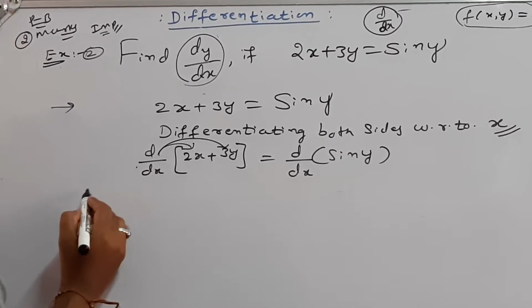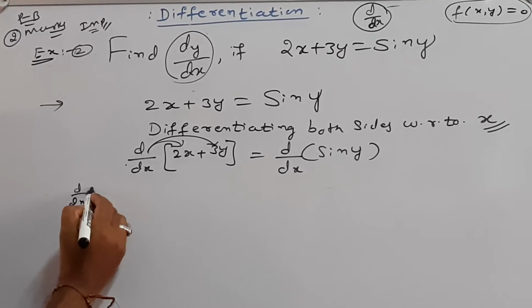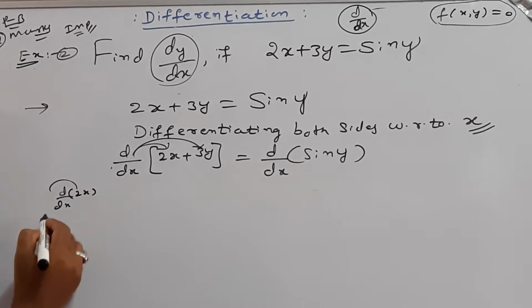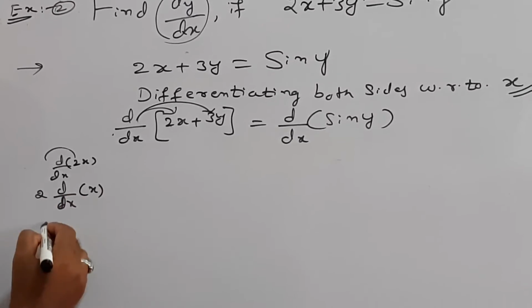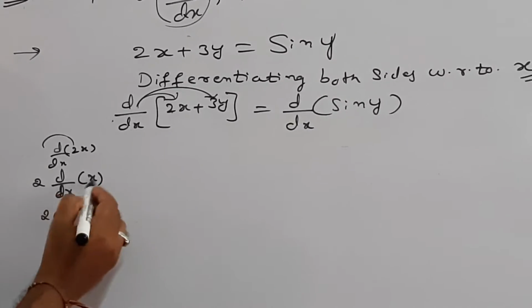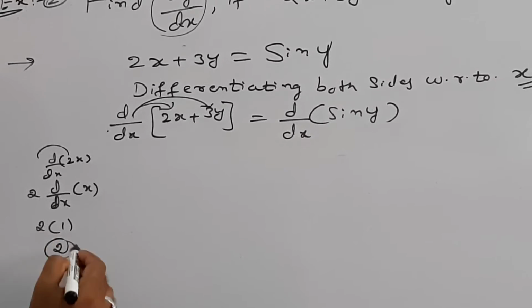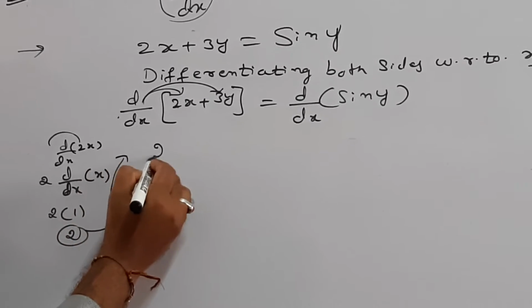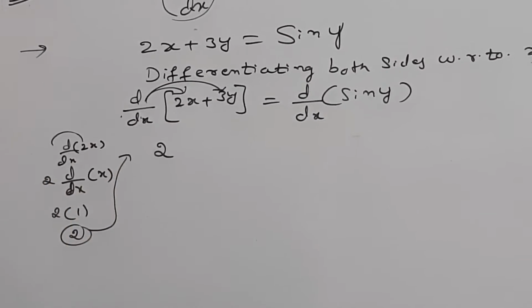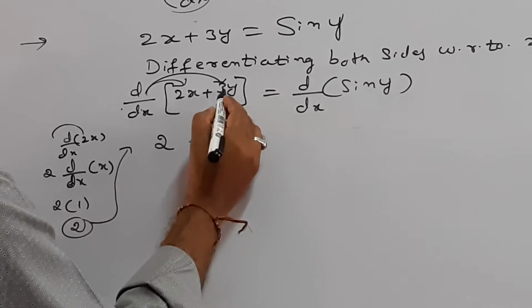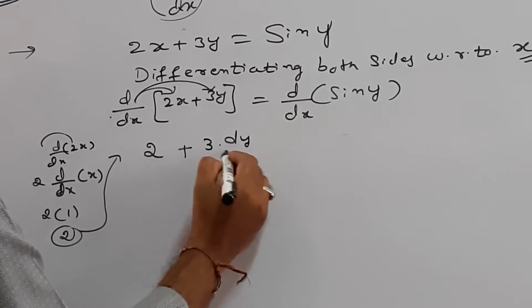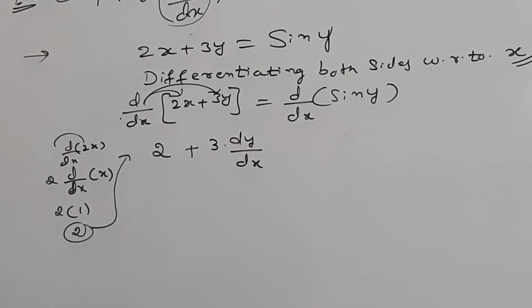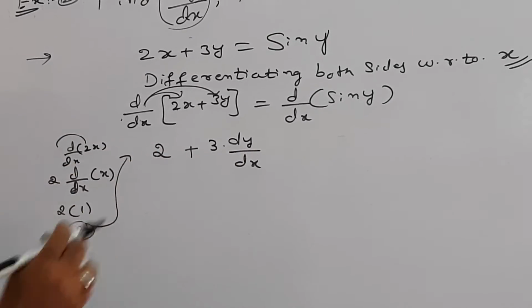Derivative of 2x is 2. Then plus, this 3 comes outside the differential operator, dy by dx.